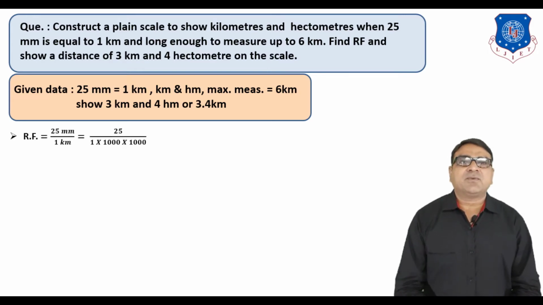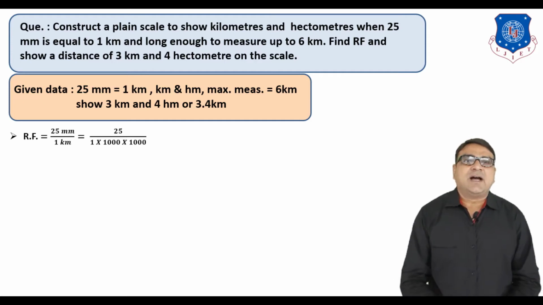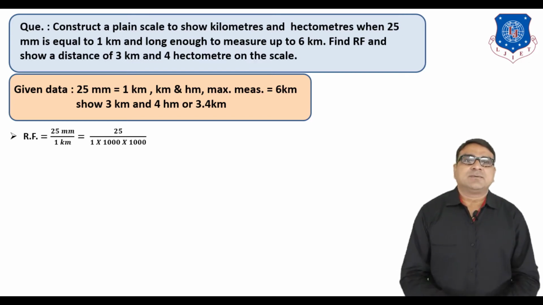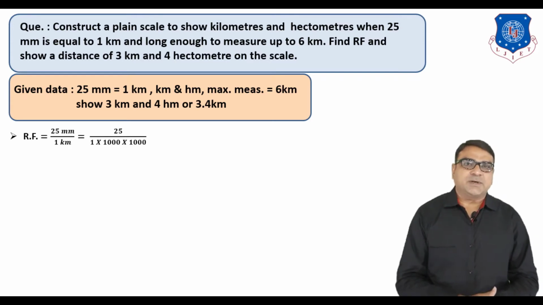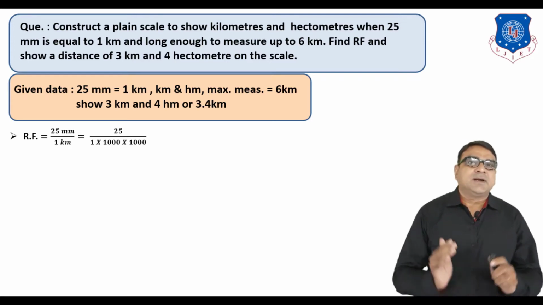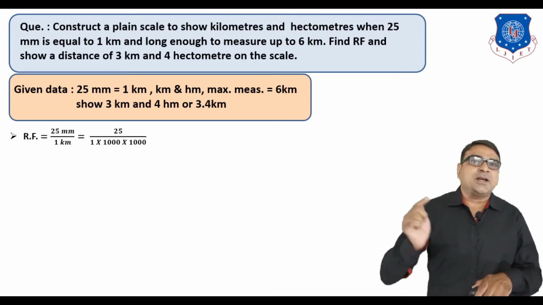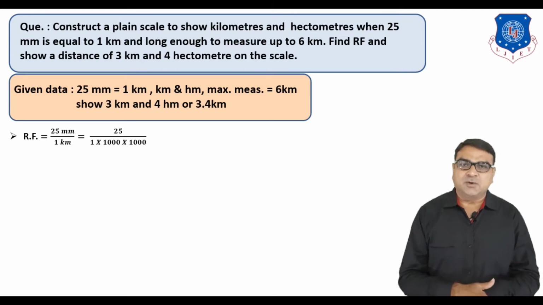So first of all, we have to find the representative fraction. We know that RF is equal to the size of the drawing divided by the actual size of the object. Here 25 mm is equal to 1 kilometer, meaning 25 mm on the drawing, on the map, represents 1 kilometer of actual. So 25 mm by 1 kilometer.